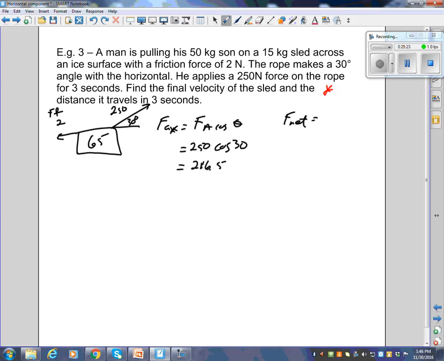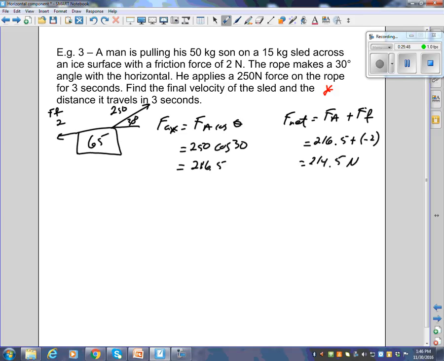The net force is going to be the applied force plus the friction force. So that 216.5, and we're going to add a negative 2. Hopefully you don't need a calculator for that. There's a few things we assume you can do.